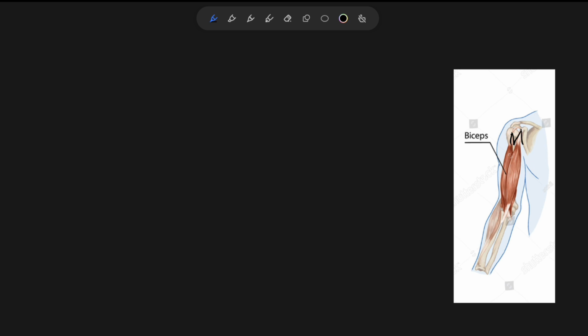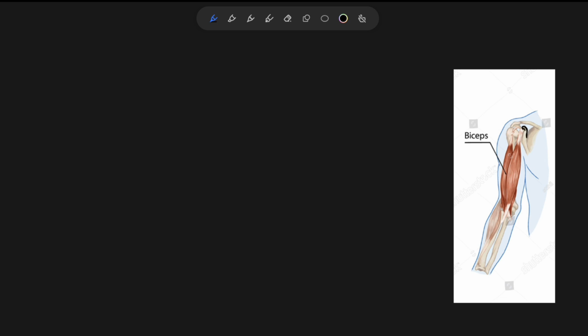We have this short head and this long head. First we will do the origin of the short head, and then the origin of the long head. Let's see where it is originating.